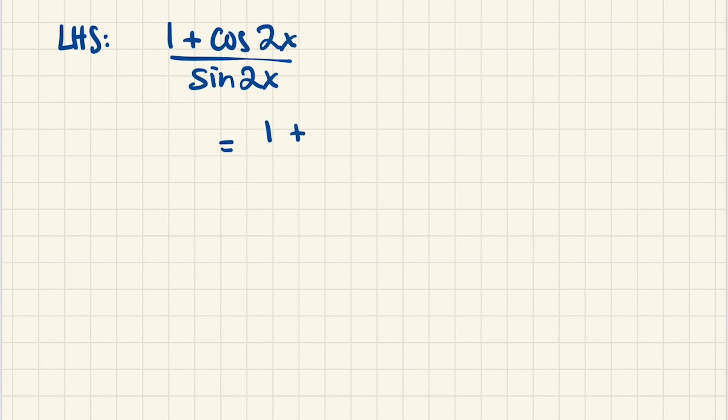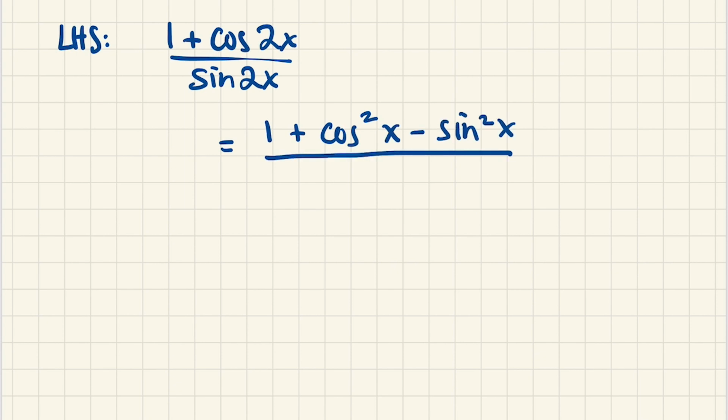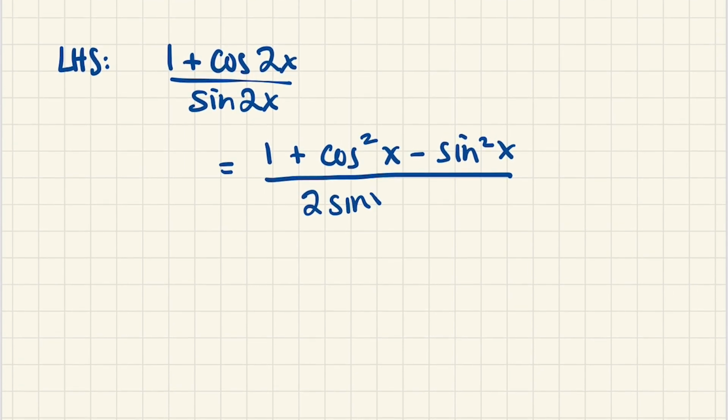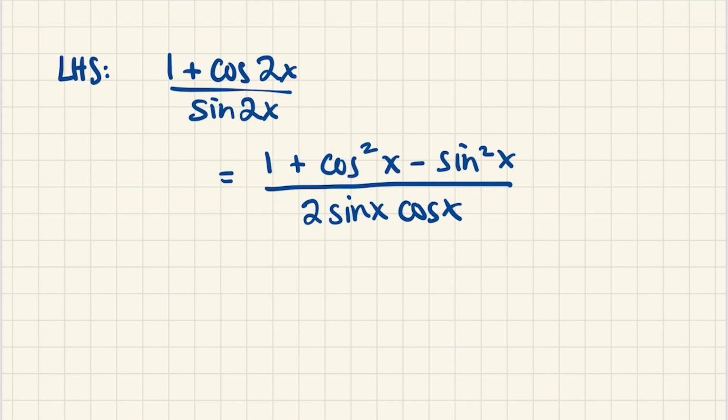So let's just pick on the standard cosine one out of the main three. So cosine of 2x, let's write that as cosine squared of x minus sine squared of x. And in the denominator, sine of 2x, let's write that as 2 sine of x cosine of x.